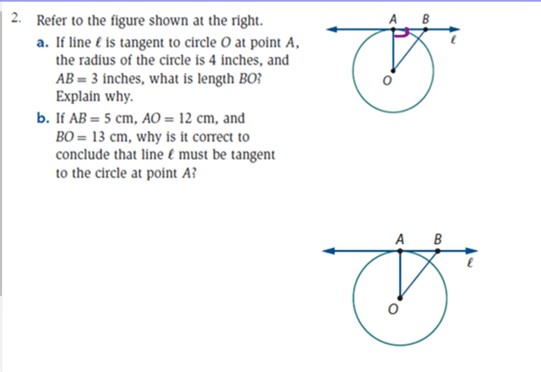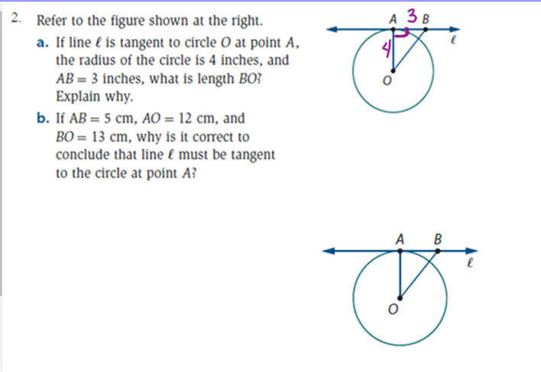Okay, let's keep going. It says the radius of the circle is 4 inches. So where do I put that on my picture? OA. OA is the radius. So I can put 4 right there. And AB equals 3 inches. What is the length of BO? Well, how can we figure that out? Pythagorean theorem.